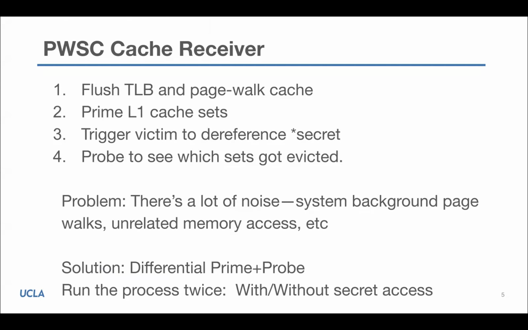But here's a challenge: there's a lot of noise. When the system's background page walks happen, there will be some unrelated memory accesses. So the attacker uses differential prime and probe. They run the whole process twice, once with the secret access and once without. Subtracting the results filters out the system noise, isolating only the change caused by the secret. That's how PWSC sees what no one else can.